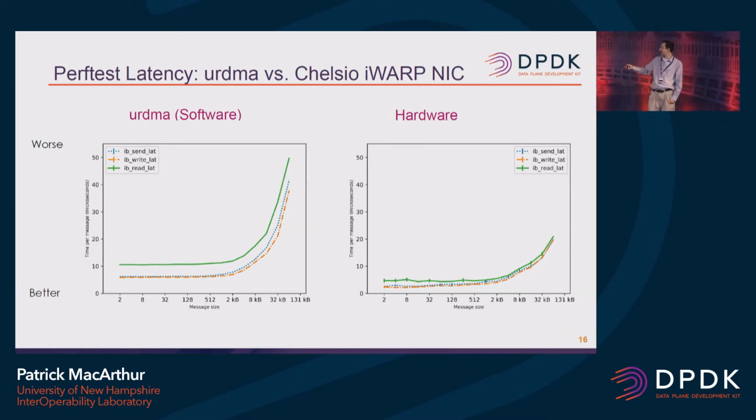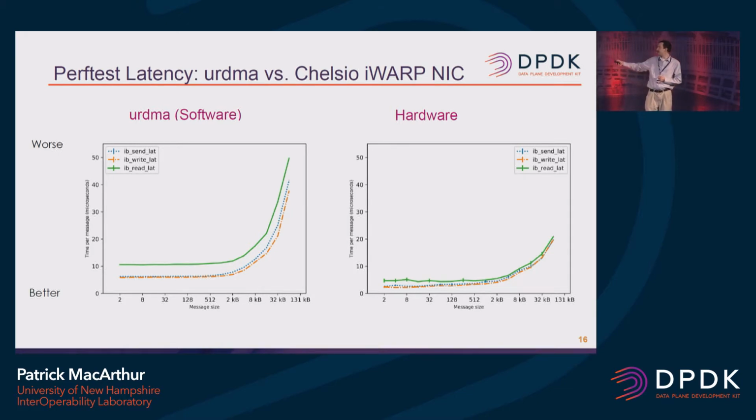For latency, lower is better. urdma has about double the latency of the Chelsio RNIC, so not entirely unexpected. Ideally, the latency will get better as I continue to improve it.